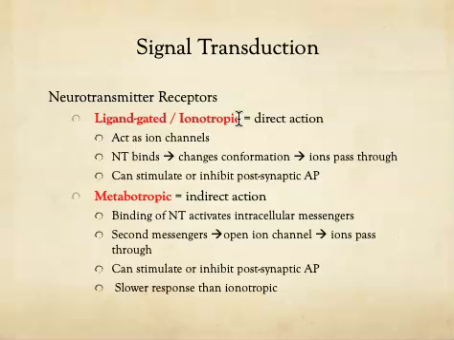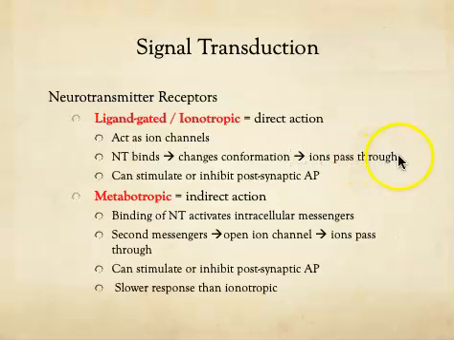Ionotropic neurotransmitter receptors are simply ion channels. So when the neurotransmitter binds to an ionotropic receptor, it's going to cause that receptor to change shape and open up. It's an ion channel. Binding of the neurotransmitter opens it up.